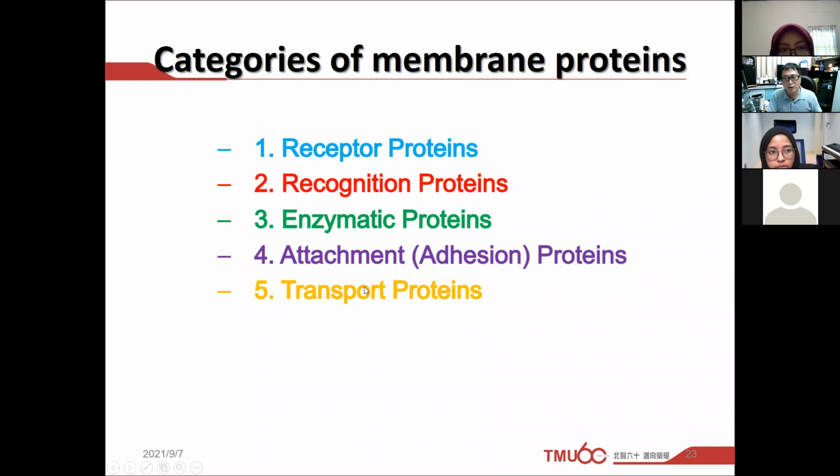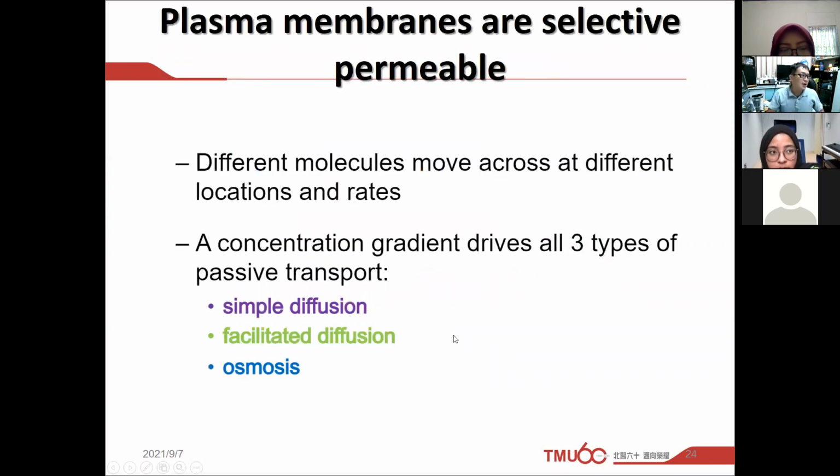Another one is the transport protein, which can get nutrients and oxygen from the external environment into the cells. This is an important part for our lecture: transport proteins, ions, neurotransmitters, calcium ions, something like that is very important for us.